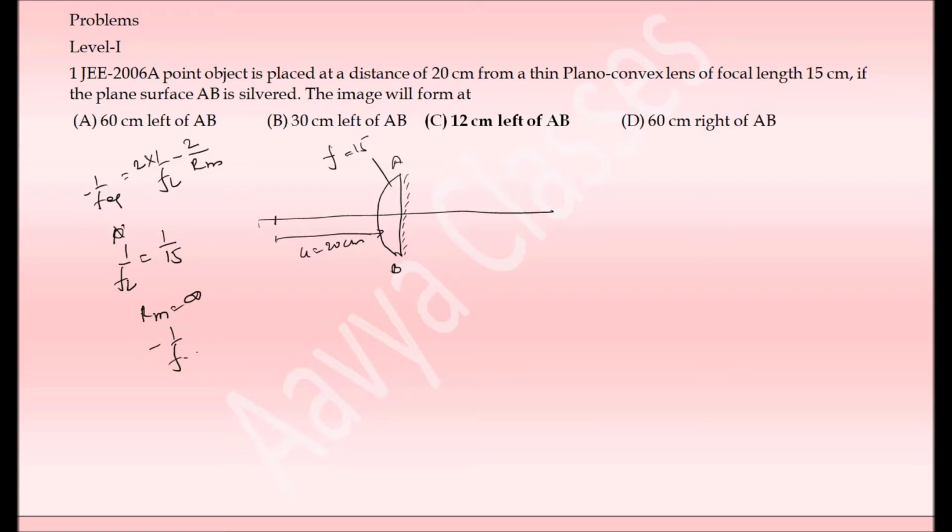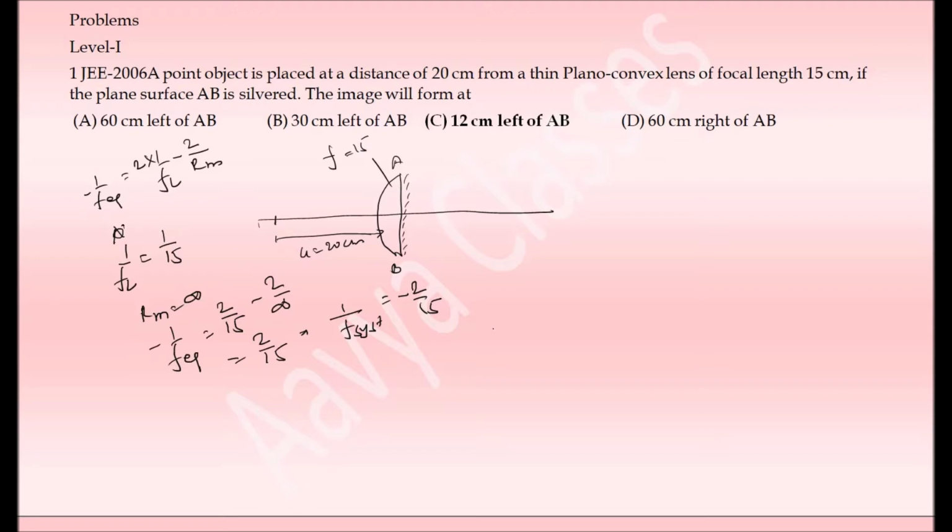So minus 1 by F equivalent is equal to 2 by 15 minus 2 by infinity. So from there we get 2 by 15, and 1 by F system is equal to minus 2 by 15. So the focal length of system will be minus 15 by 2.